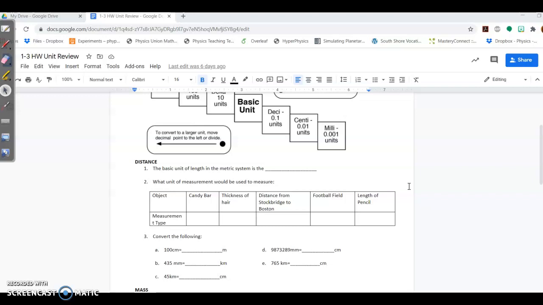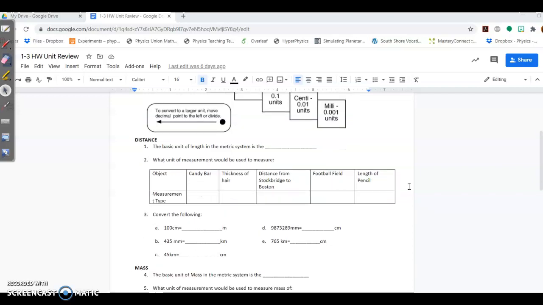I put centimeters. You could probably put decimeters if it's a huge candy bar. Thickness of hair, millimeters. Distance from Stockbridge to Boston, that would be kilometers. A football field, a meter. Length of a pencil, I said centimeters.